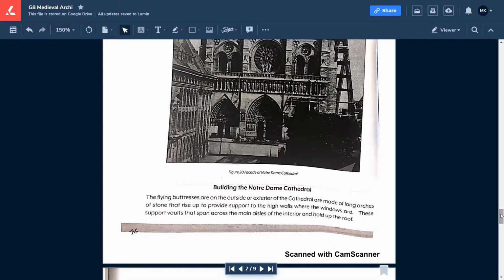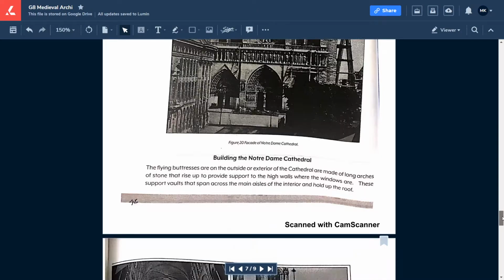So let's read. Building of Notre Dame Cathedral. The flying buttresses on the outside or exterior of the cathedral are made of long arches of stone that raise up to provide support to the high walls where the windows are. These support vaults that span across the main aisles of the interior and hold up the roof.